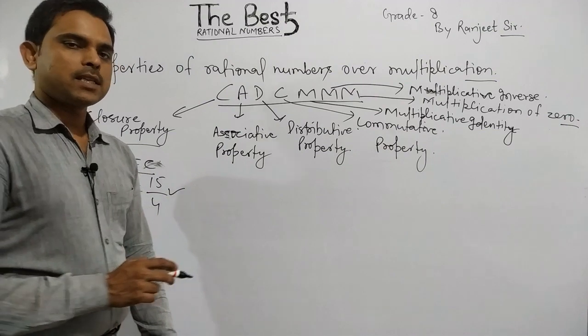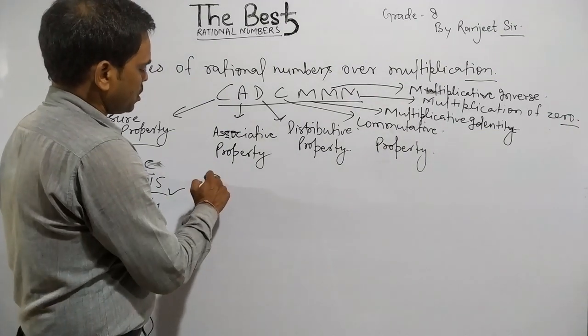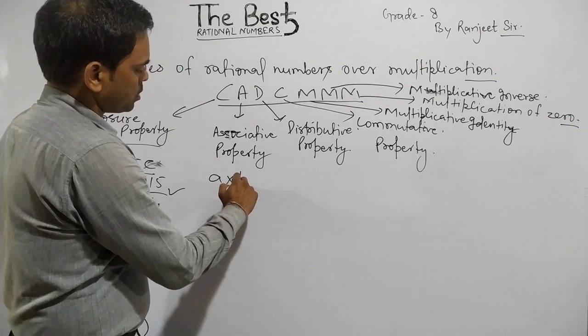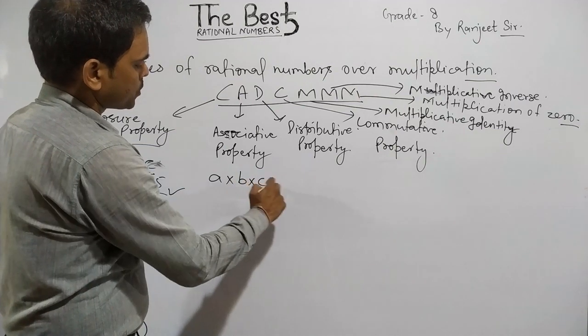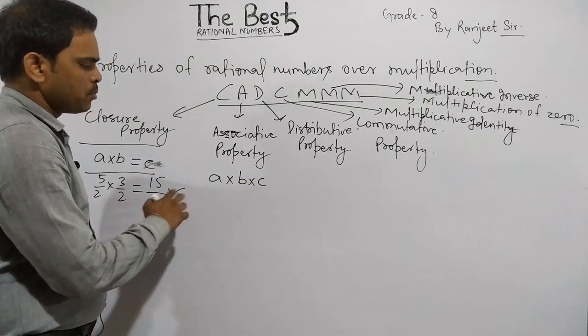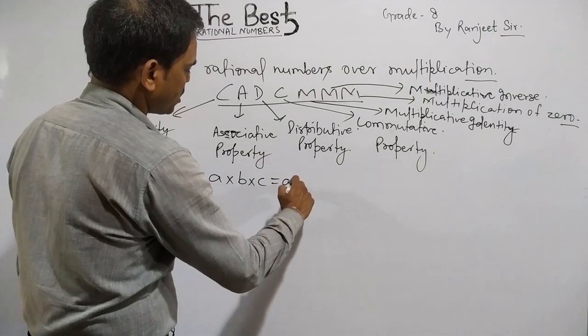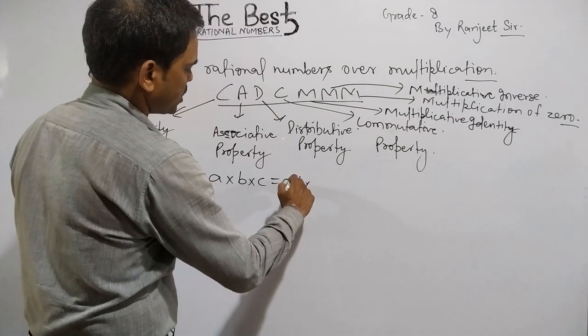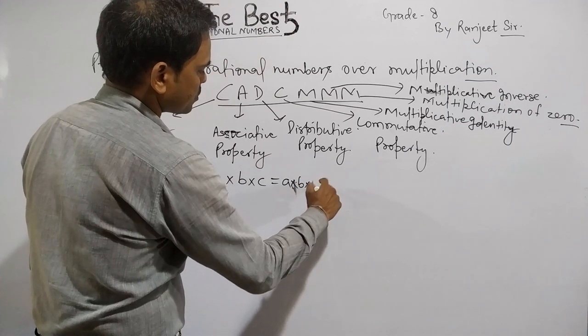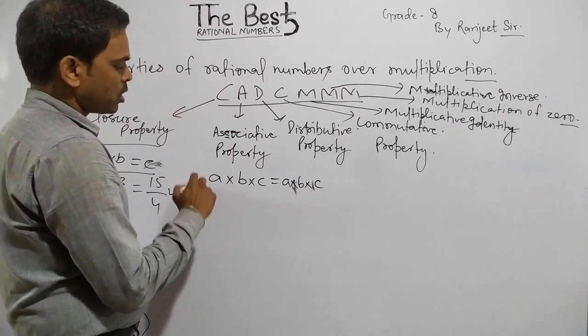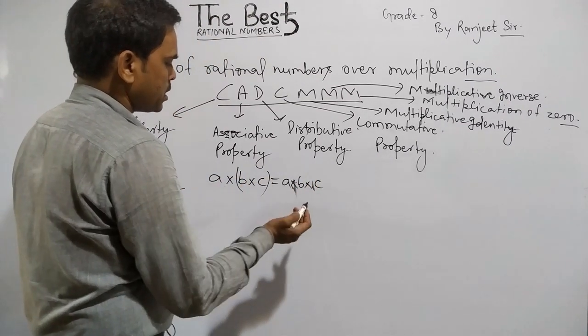Associative property says that I take three rational numbers A, B and C, and I multiply them together. In RHS also I am going to do the same, A, B and C, but you will find the order is changed now.